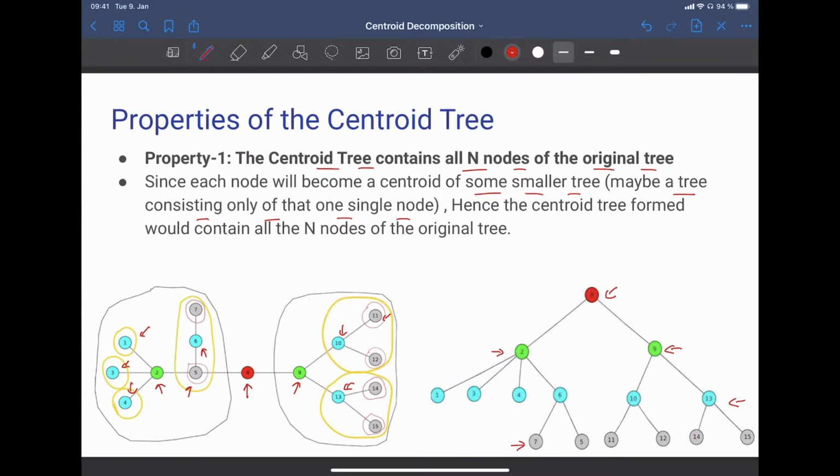Therefore, every node becomes a centroid at some point of time, be it a centroid of a tree which has only a single node. For example, node 7 became a centroid when the subtree had only a single node left, which was node 7 itself. So every leaf in the centroid tree will correspond to nodes which became centroids for trees which had only single nodes.